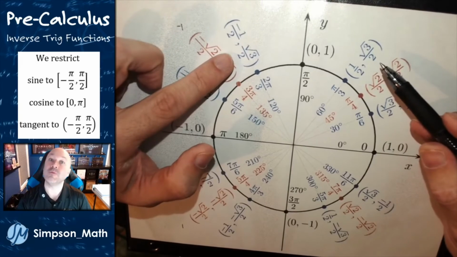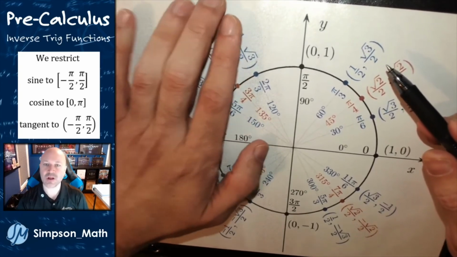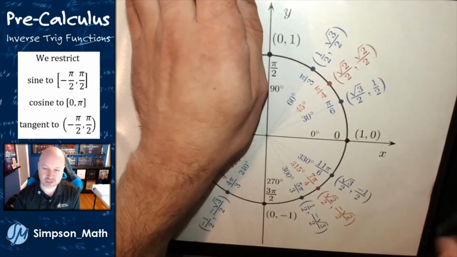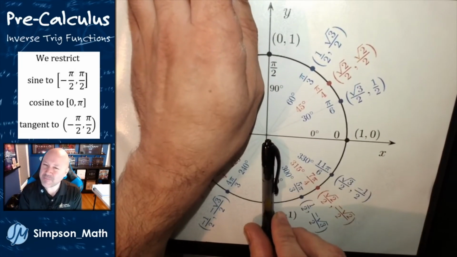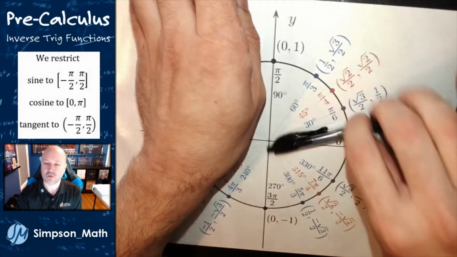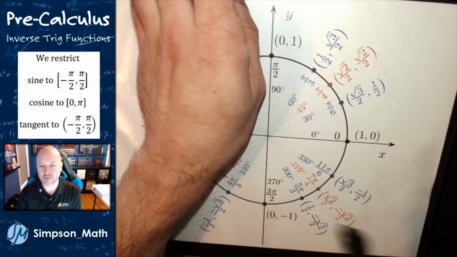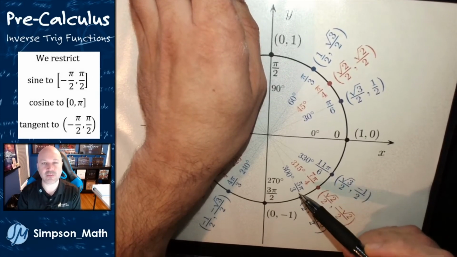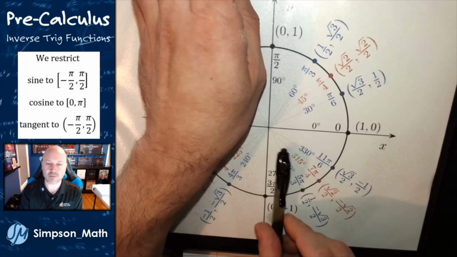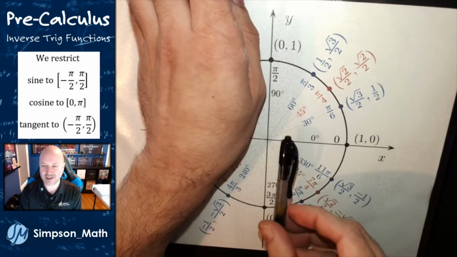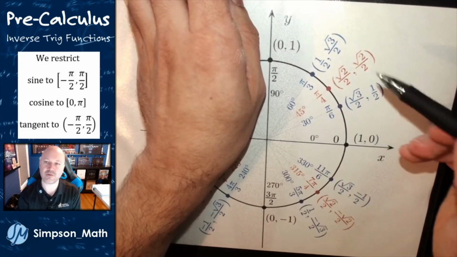Oh, but we restrict sine. We're not talking about these values over here. Arcsine is restricted from a negative pi/2 up to a positive pi/2. So even these values are not quite right. This is a negative pi/6, negative pi/4, negative pi/3, and a negative pi/2. So from negative pi/2 up to pi/2, is there a y value that is positive root 3 over 2?